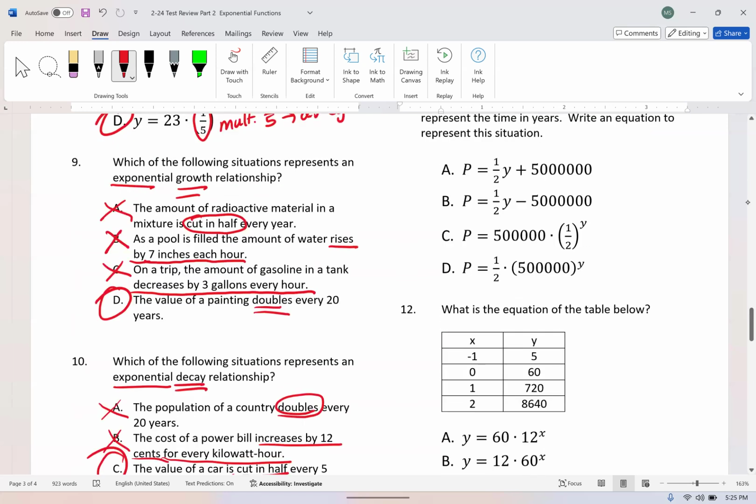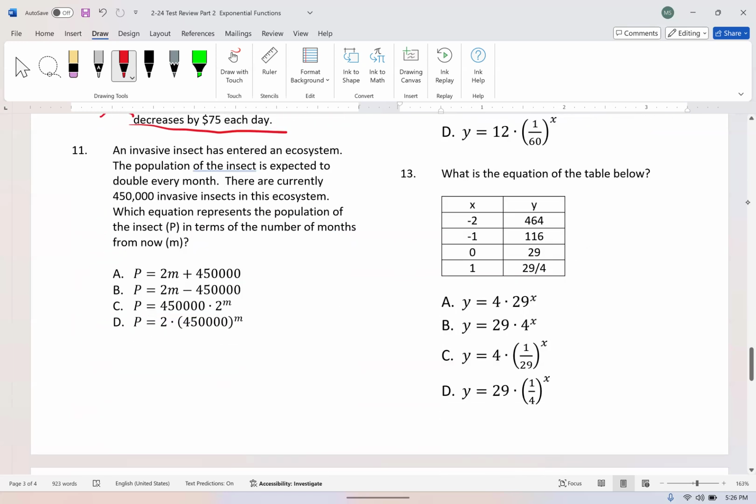Okay, number 11. An invasive species insect has entered an ecosystem. The population of the insect is expected to double every month. There are currently 450,000 invasive insects in this ecosystem. Which equation represents the population of the insect P in terms of the number of months from now?